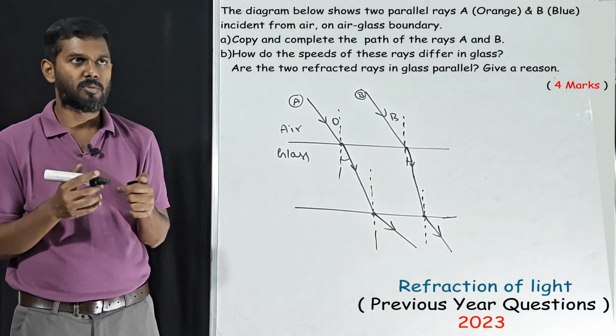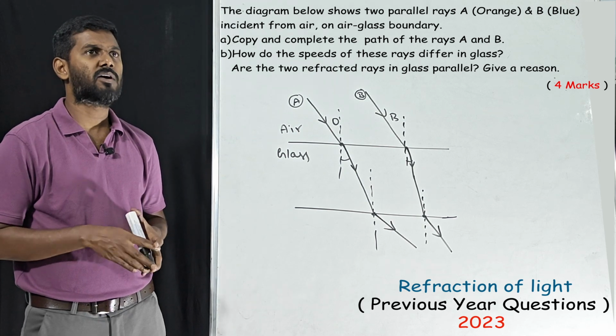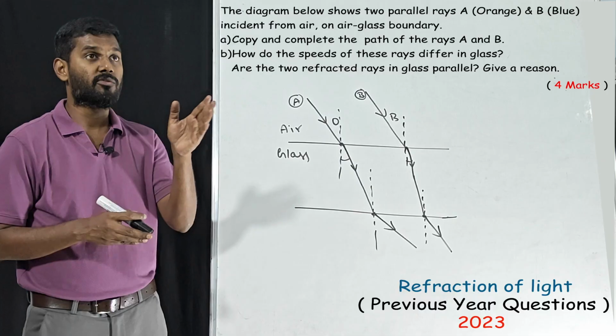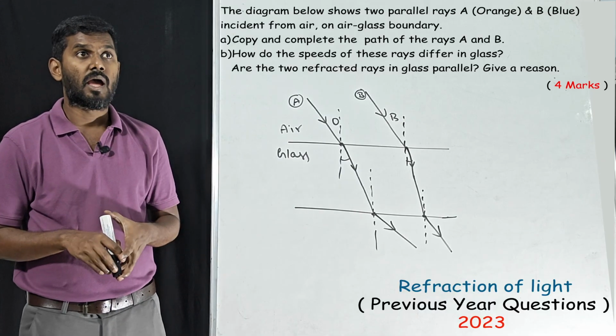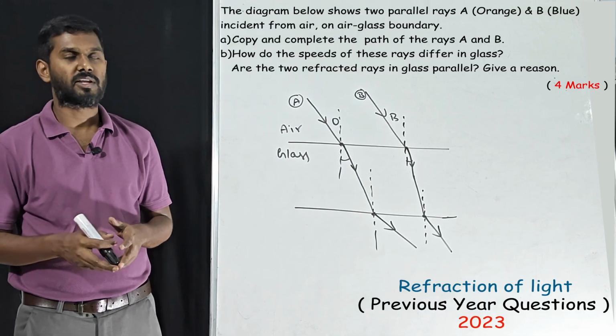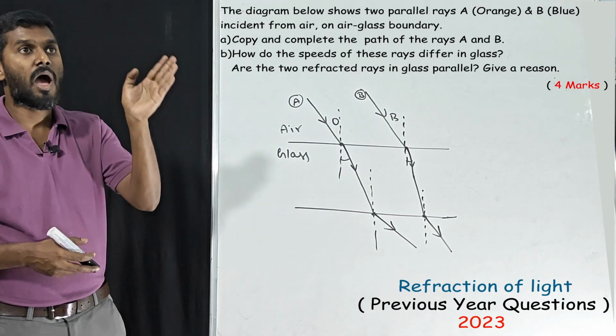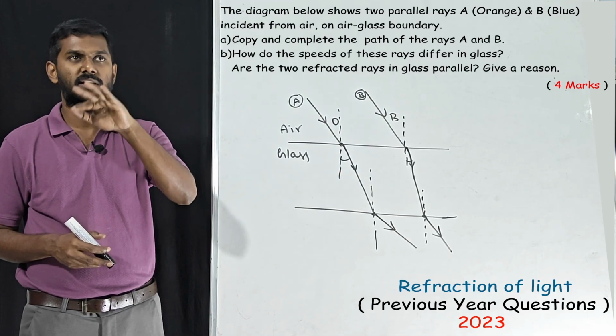Now we have one more sub question. How do the speeds of these rays differ in glass? Are the two refracted rays in glass parallel? Give reason. We have three different questions in question B only. First one, the diagram is done. Second one, how do the speeds of these rays differ in glass?